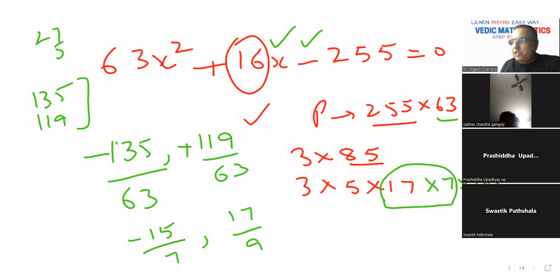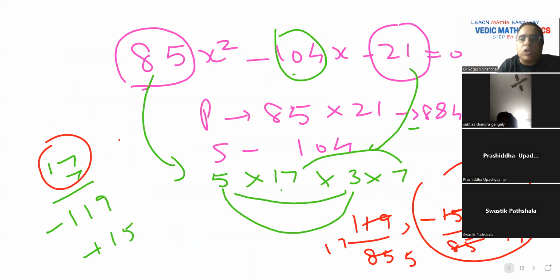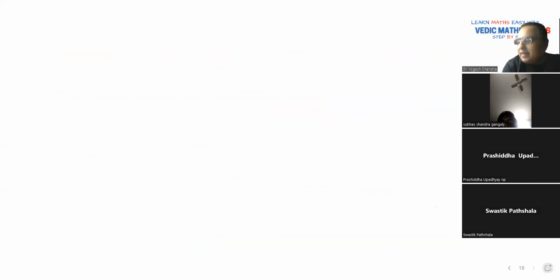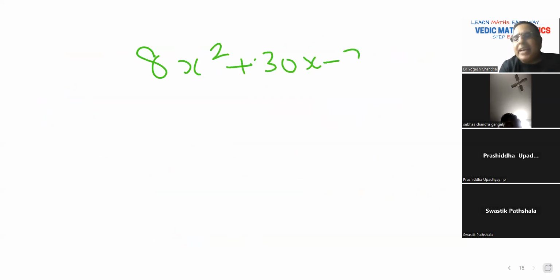So I'll give you one question, and I think you should be able to solve now. Let's see how many of you will be able to: 8x² plus 30x minus 27 is equal to 0. So we want product as 27 into 8.